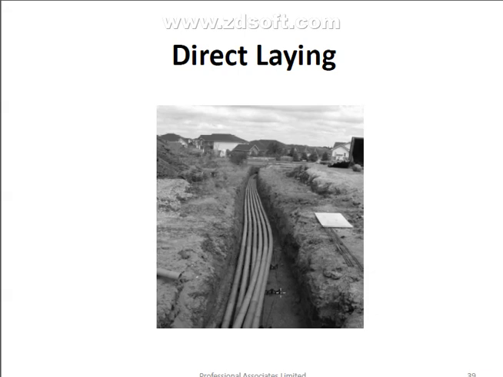The trench in the ground is long enough, and a number of wires can be installed. After that, it is covered by the concrete material. A concrete slab should be there, and after that it is covered with sand or whatsoever we are using. So this is the most commonly used method.